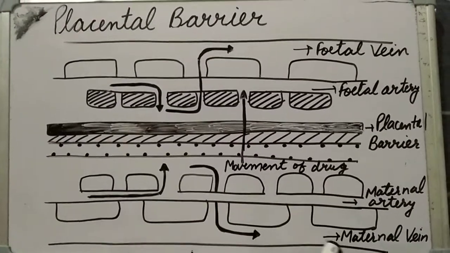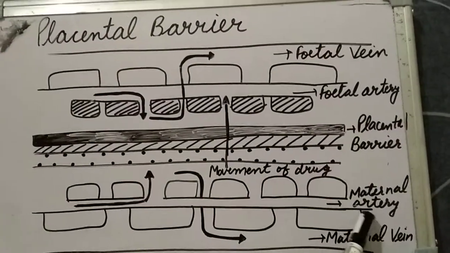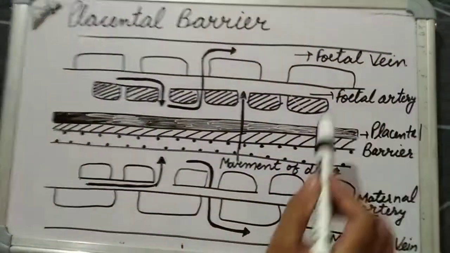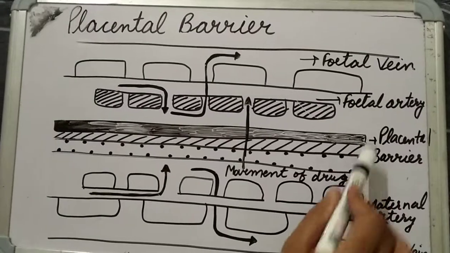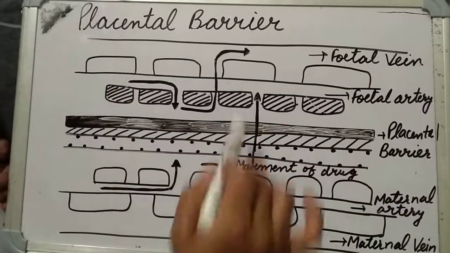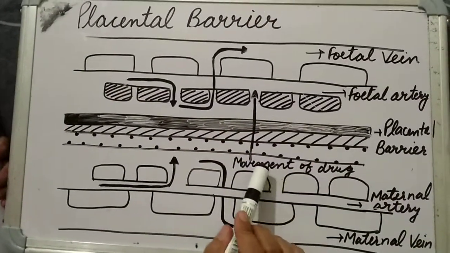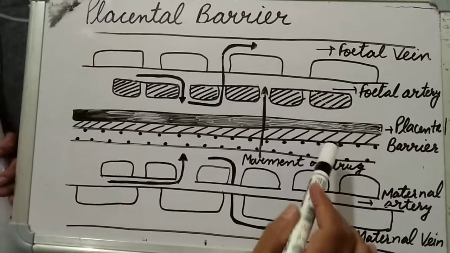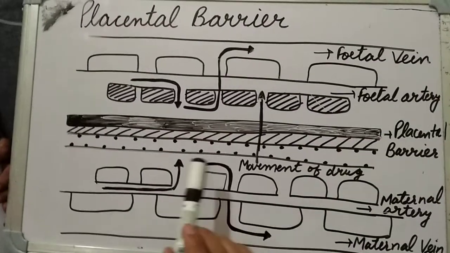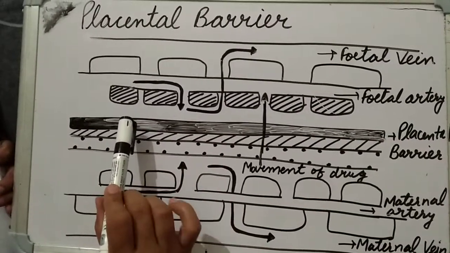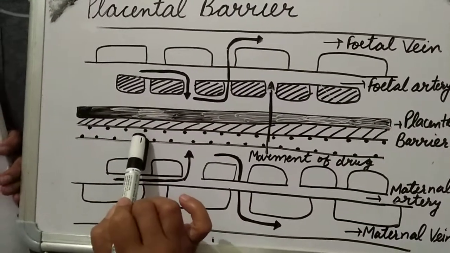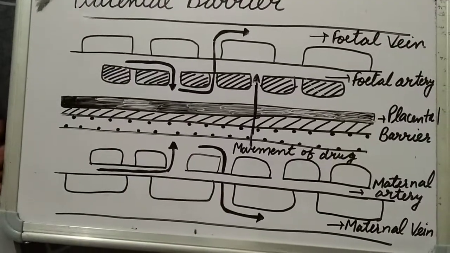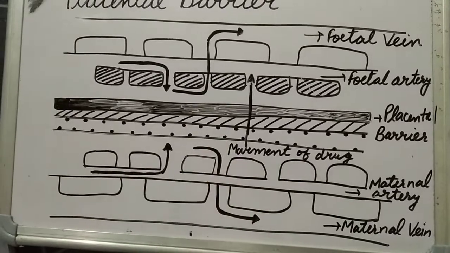Now this is maternal vein, maternal artery of mother, and this is of fetus, and this is the placental barrier which is acting as a barrier between both, and the movement of the drug is restricted due to this barrier, because the placental barrier is composed of fetal trophoblast, basement membrane and the endothelial membrane. These all membranes form a thick barrier which resists the movement of the drug.